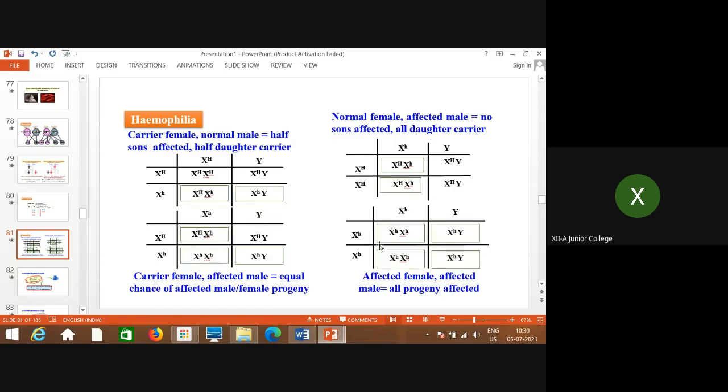Then how many chances of normal here? No chance of any child being normal. Both males and females are affected. That means all the progenies are affected when both mother and father are sufferers. So all these four conditions are shown in this chart.